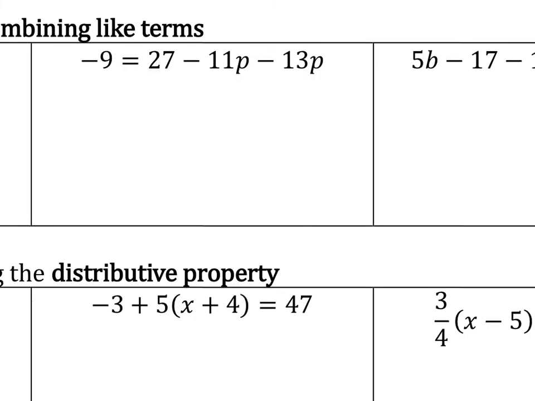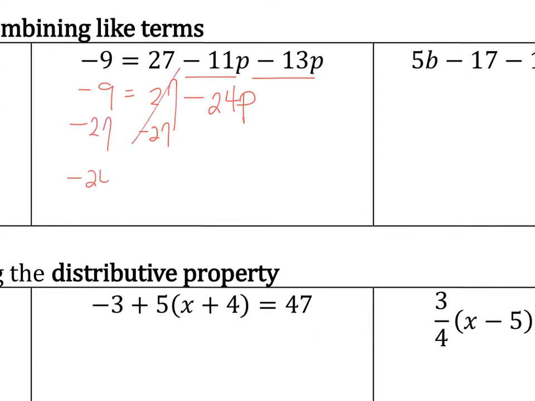And for this one, negative 11p minus 13p, and that would be minus 24p. And I'm going to take the inverse of positive 27, cancel this out.